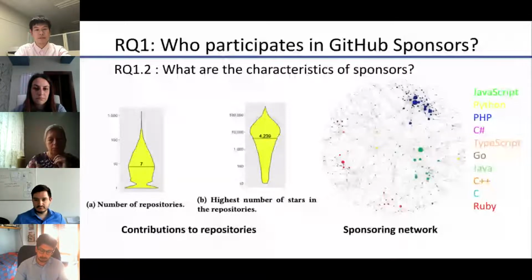In this network, we can see that developers of the same major programming languages, such as JavaScript, PHP, C#, and Ruby, form clusters. In particular, we found that PHP developers form the largest clusters and have a strong social network of donations through GitHub Sponsors.